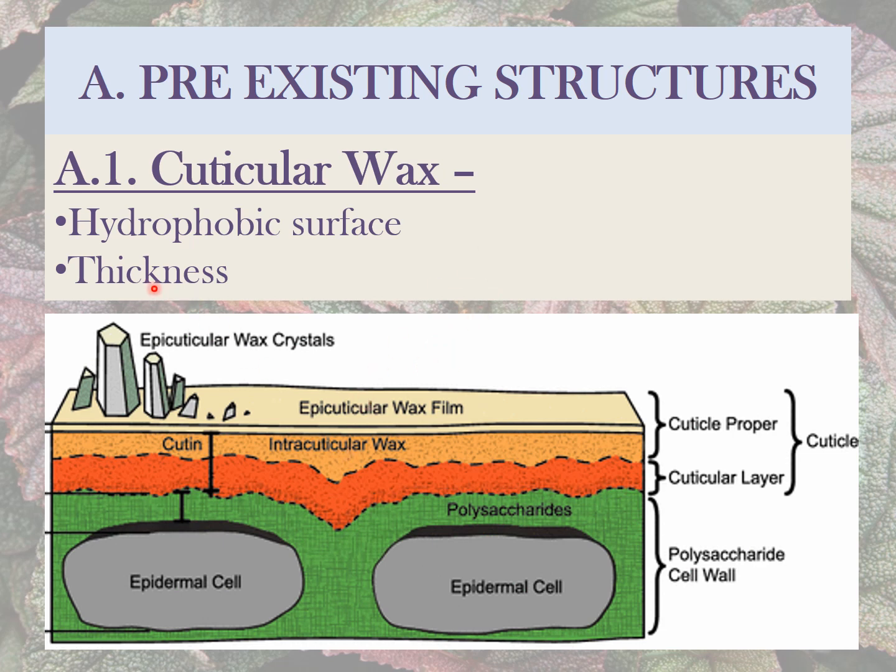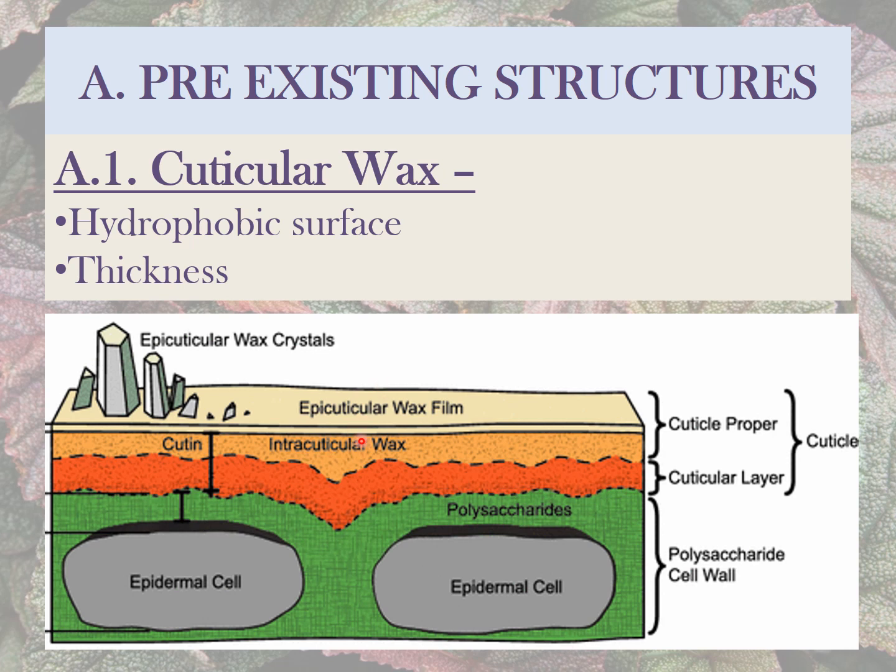Also, the thickness of the cuticular wax is a very important factor which will obstruct the direct penetration of the pathogen. Even if the pathogen is able to penetrate the thick cuticular layer, once it goes inside and multiplies, the thick cuticle will also prevent the exit of the pathogen.